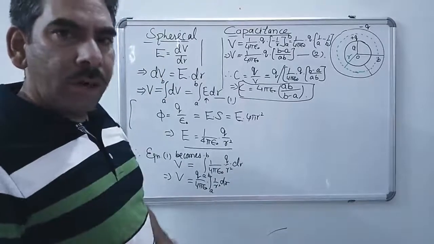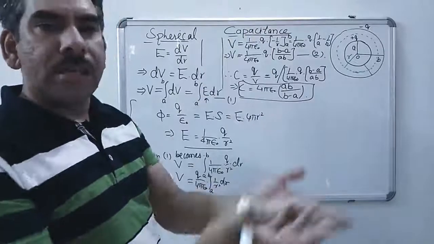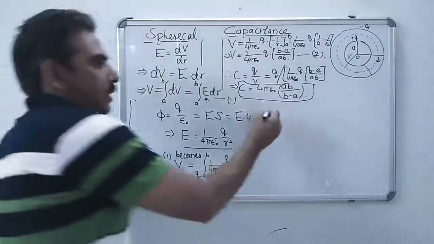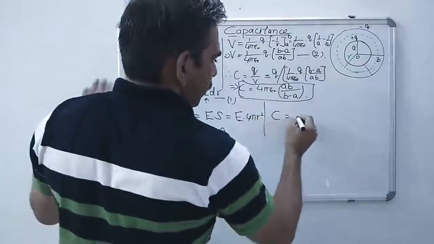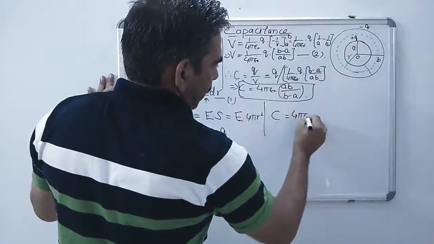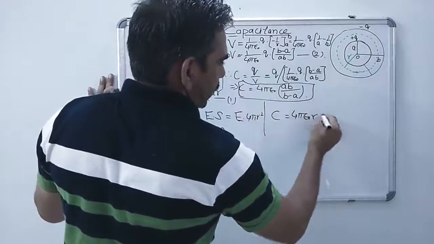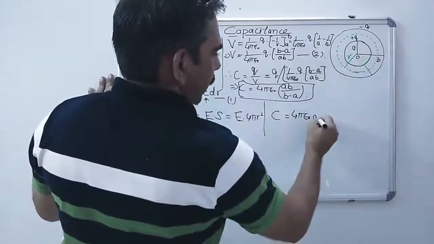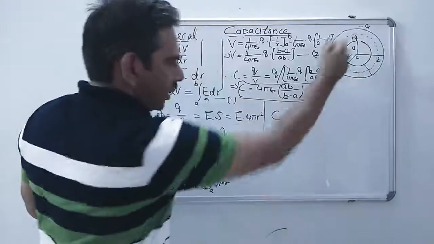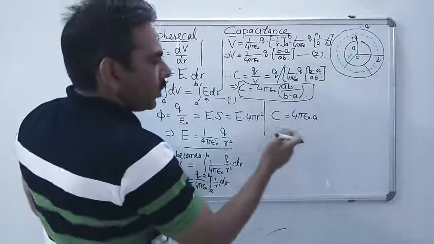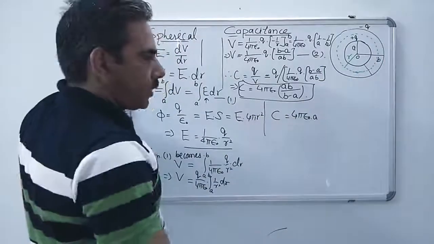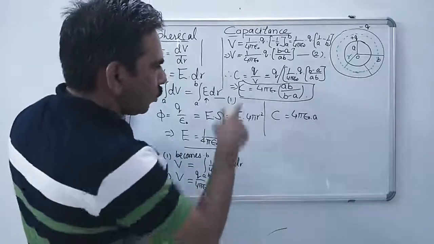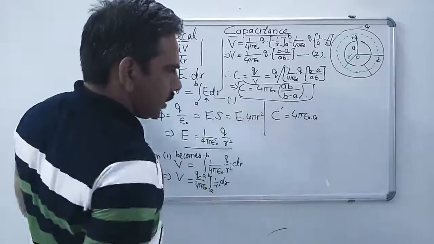If we slightly recall the capacitance of a single sphere which we found in the beginning, then the expression for that capacitance is C equal to 4 pi epsilon naught into R. Here the inner sphere, like we take it, is the single sphere A, for which the capacitance is 4 pi epsilon naught into A. To differentiate, let me put the symbol C dash here.